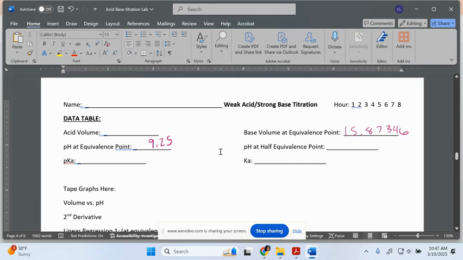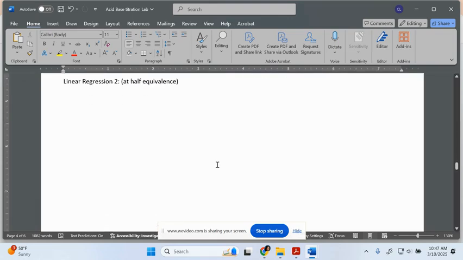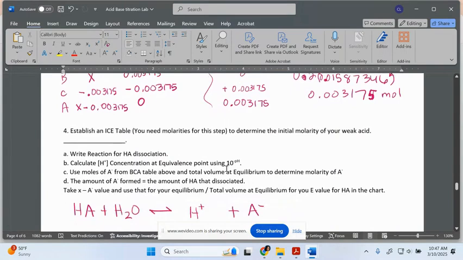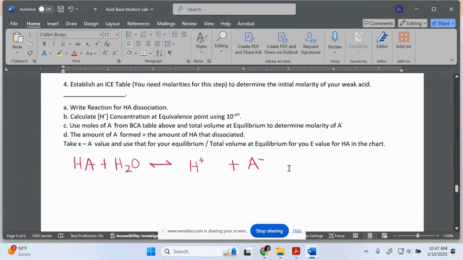All right. Does anybody need time to get that value? Everybody has their pH at equivalence point filled in? Okay.